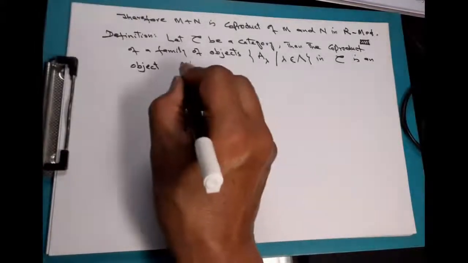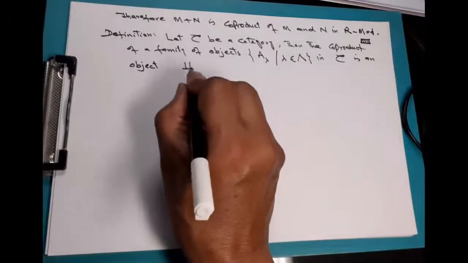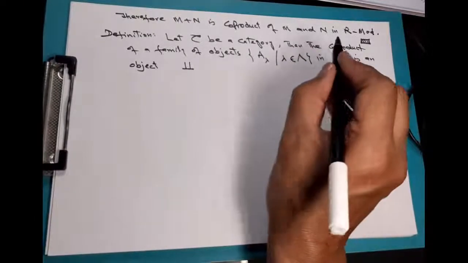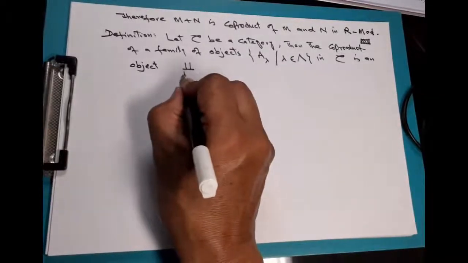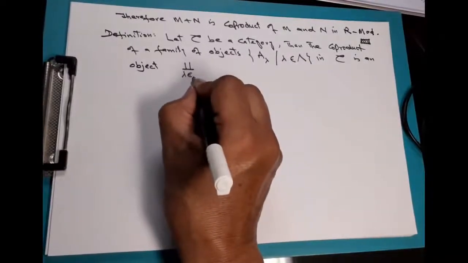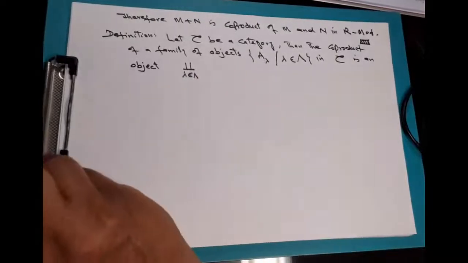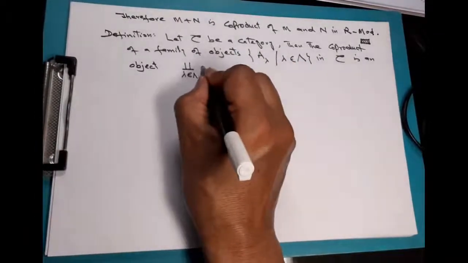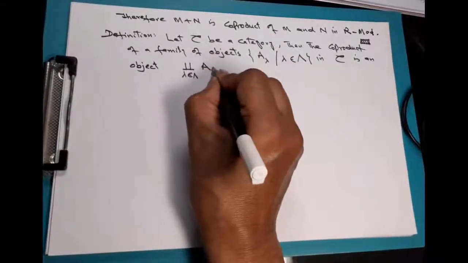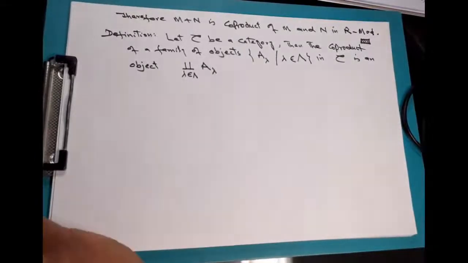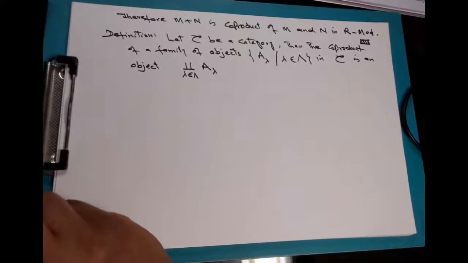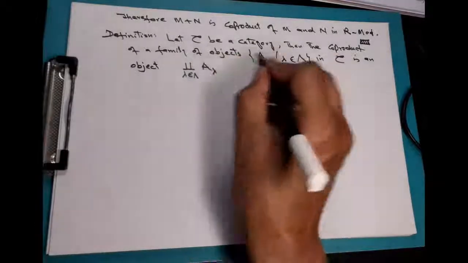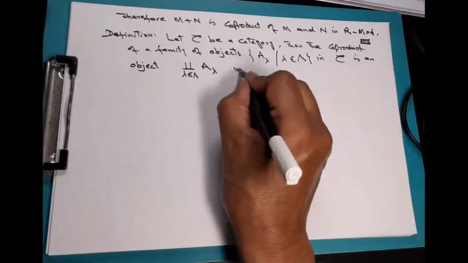So this is the co-product of this indexed family of objects. This is the indexing: lambda belongs to capital Lambda, and A lambda. This is the way we write the co-product of an indexed family of objects. So this is an object in the category C.